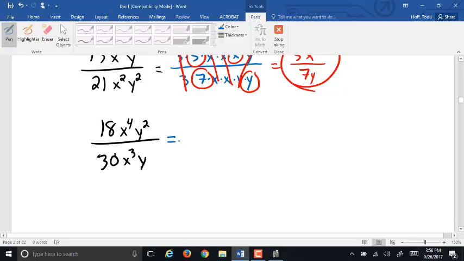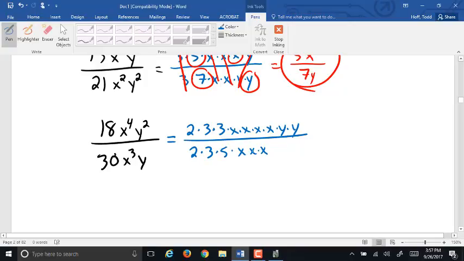So 18 factors into 2 times 3 times 3, and then 4 x's and 2 y's. 30 factors into 2 times 3 times 5, then 3 x's and a y.